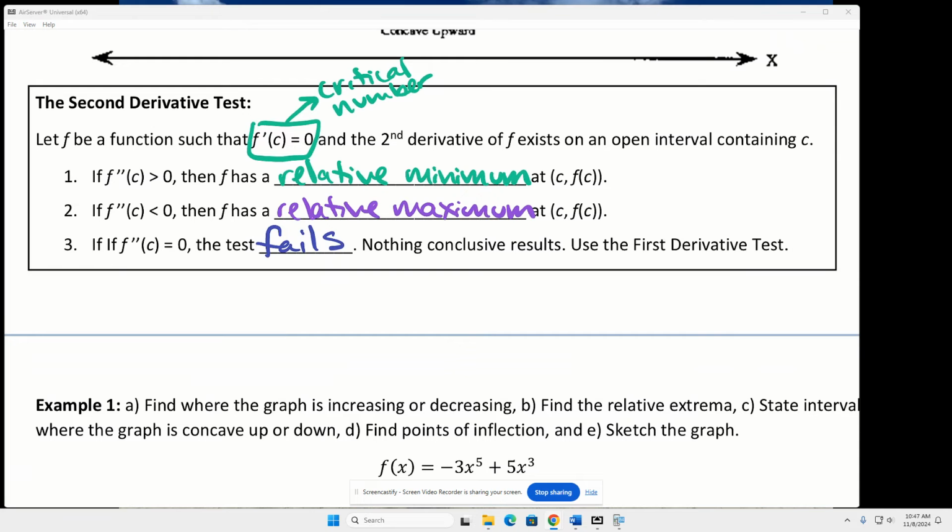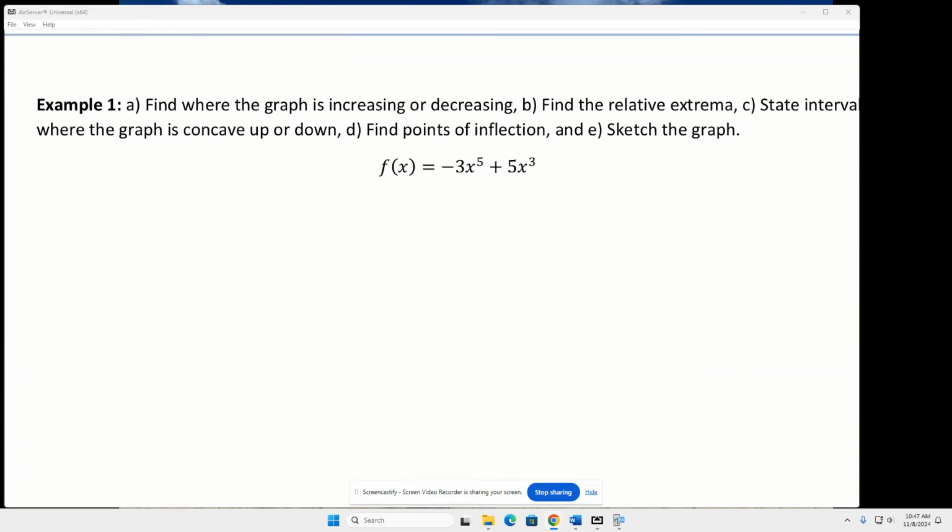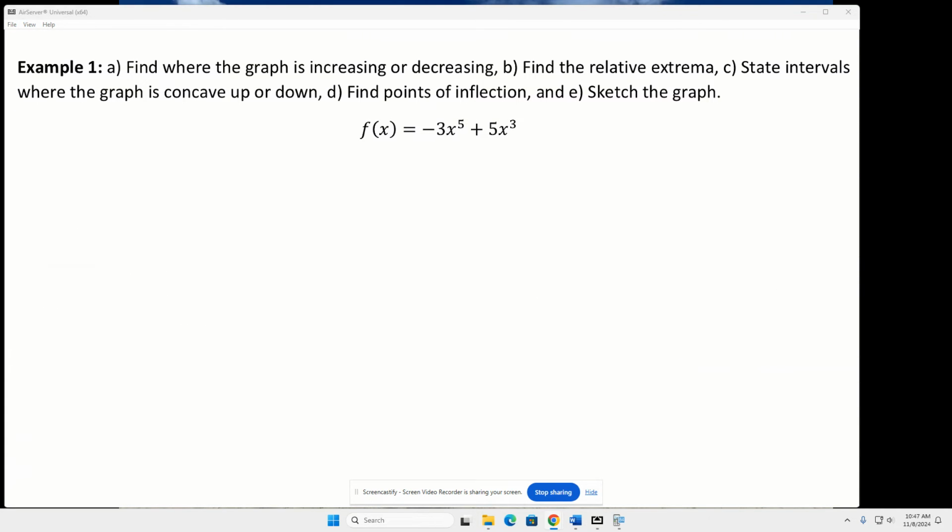All right, y'all ready to do all the things? Yeah. All right, so on example 1a, we're going to find where this polynomial function is increasing or decreasing. All right, what do we need? Always the derivative.